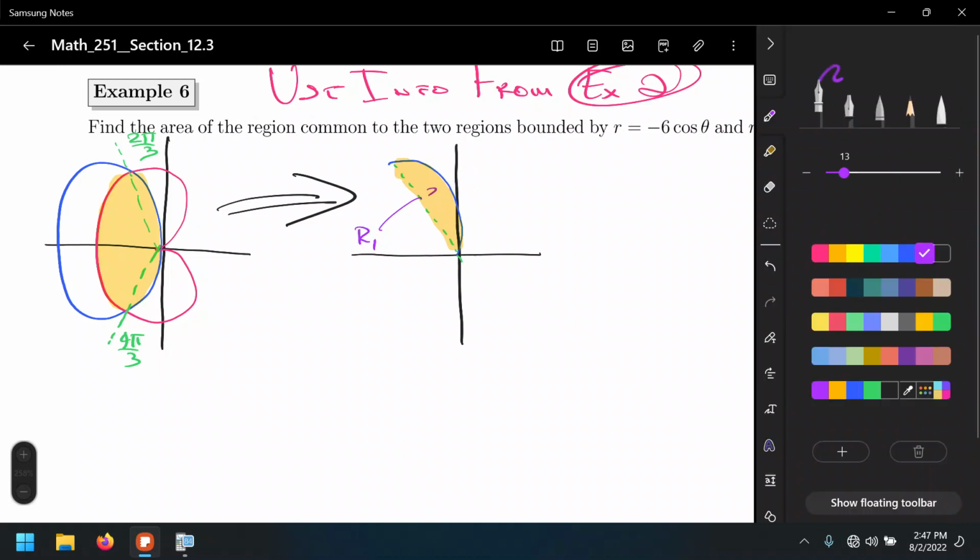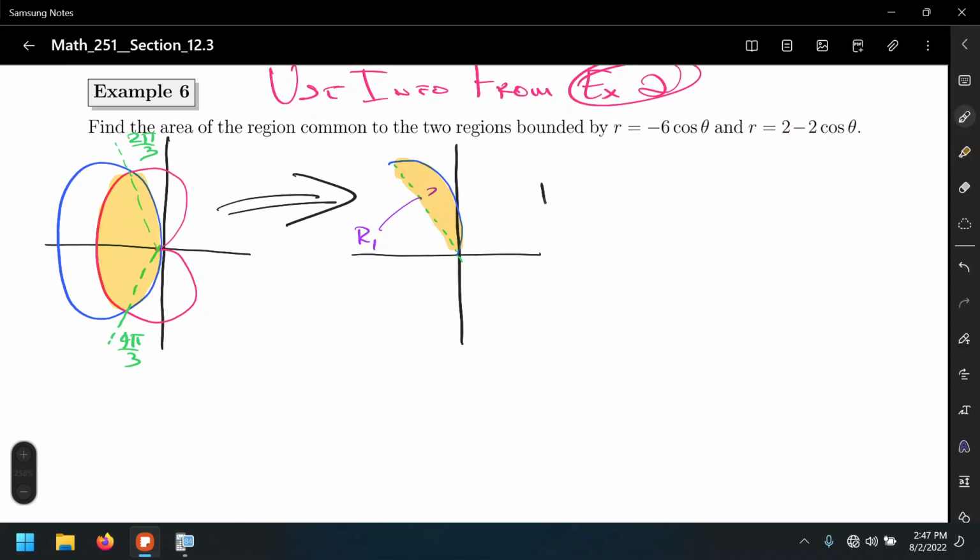Then we are going to add the area of the sector past the ray from the cusp. Notice this area is bounded by the graph in red, in this case the cardioid.